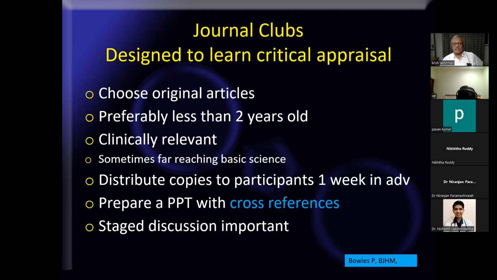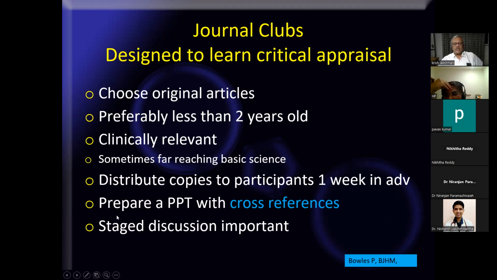It is a group activity, and it is the job of the main person who does the journal club to distribute copies to all the participants a week in advance so that they have time to study.